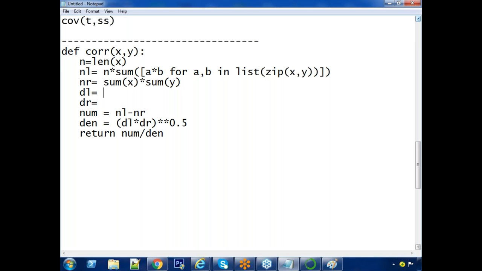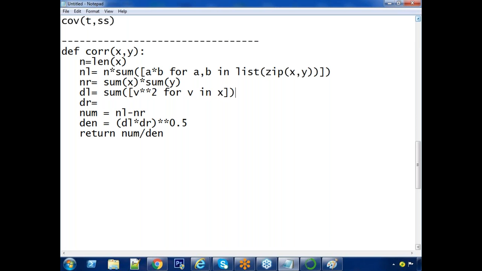Denominator left side, sir. N into sum of x square. First we need to find the square of each element. V double star 2 for V in x. Square of each element ready or not? For this, sum.